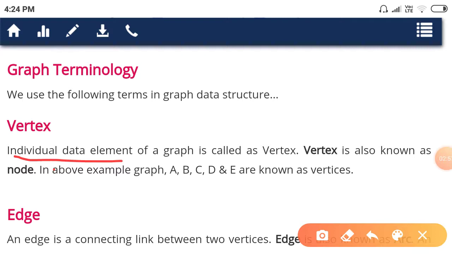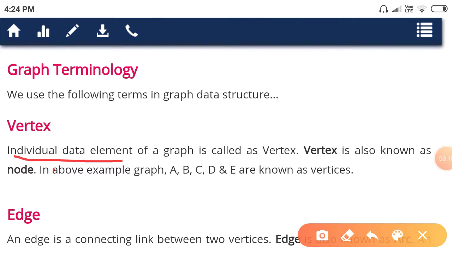The vertex is also known as a node. In trees, which we already discussed, we use the term node. Here also the same node we can call a vertex. A vertex is just an individual element, that's all. Here we can take numbers, or else alphabets to represent a vertex.